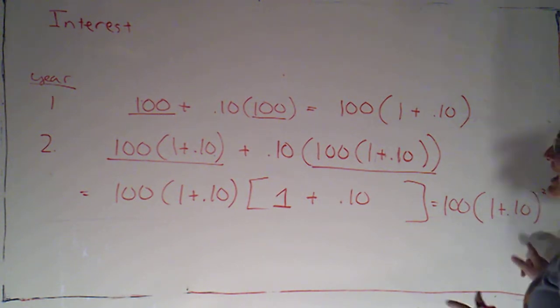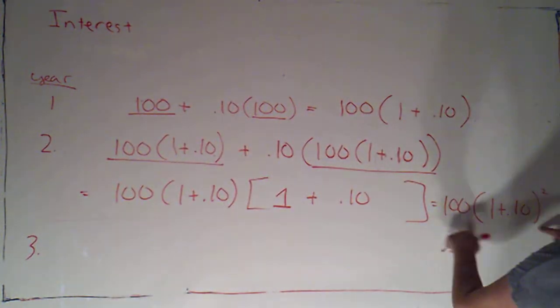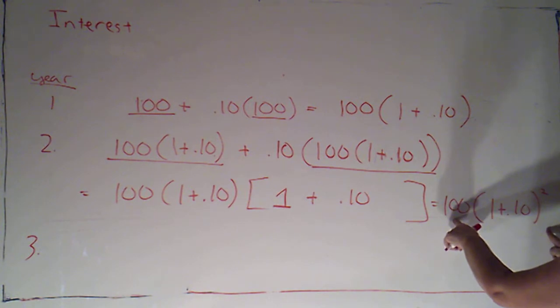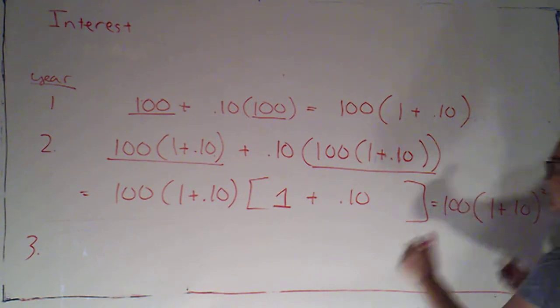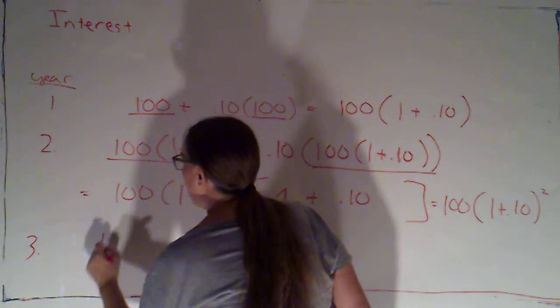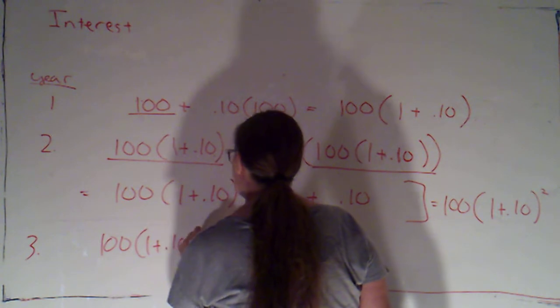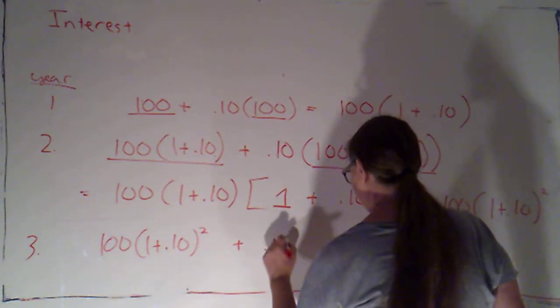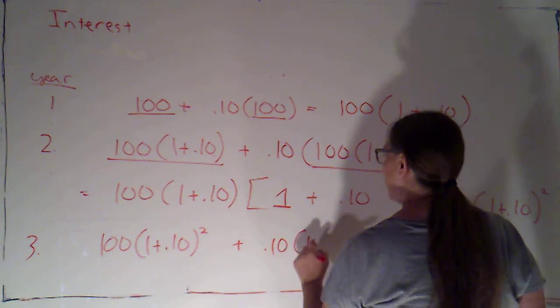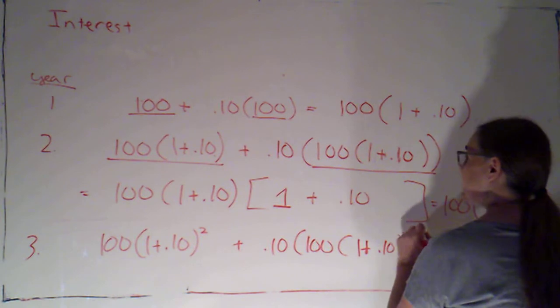Okay. Now, after the third year, okay, this is what I had at the end of the second year. So at the end of the third year, I'm going to have this plus the interest I earned. So I'm going to have 100 times 1 plus 0.10 squared plus the interest, which is 10% of 100 times 1 plus 0.10 squared.